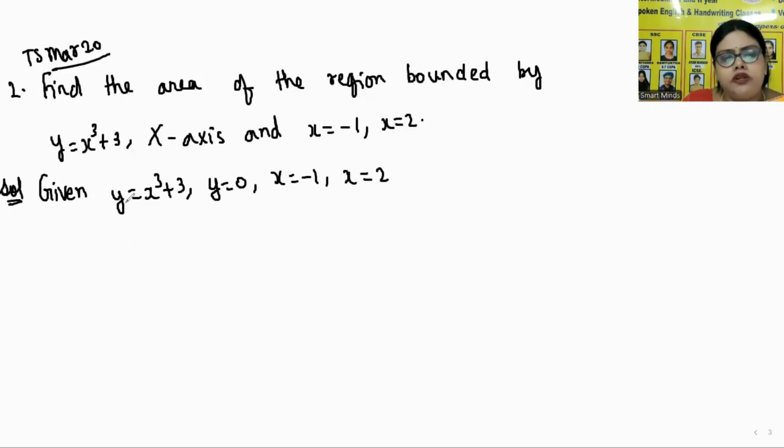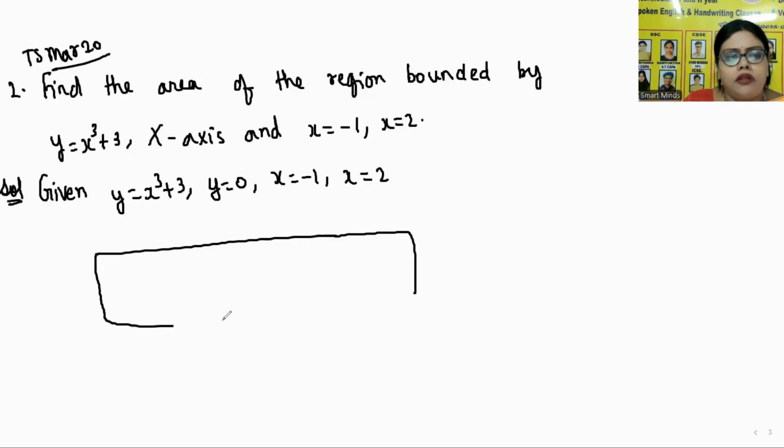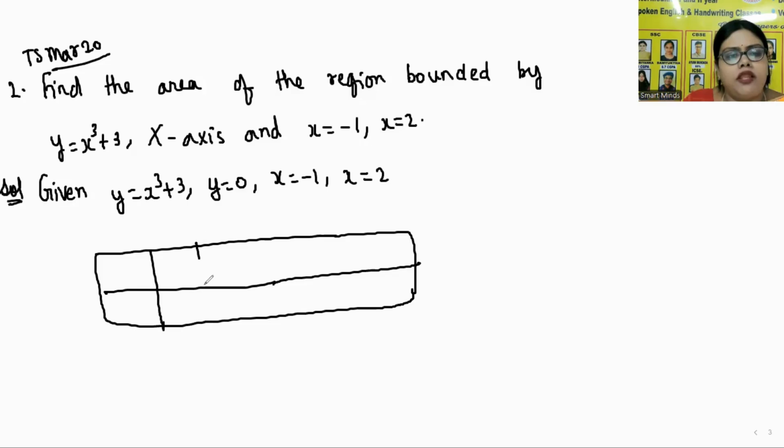Okay, now based on y equals x cube plus 3, let us form a table. For the table, -2, -1, 0, 1, 2. These 5 values are enough to get any graph. So if x is -2, x cube is -8, and -8 plus 3 will become -5.